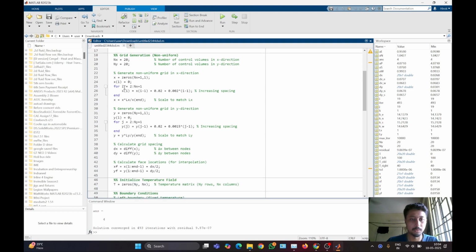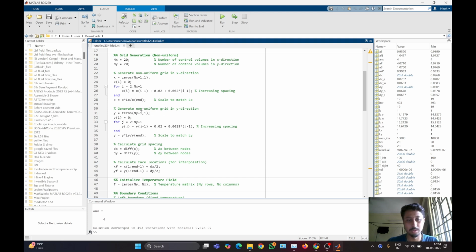We are using a for loop for this difference in the spacing, which is x of I for that particular element, where we add a 0.002 increment, plus 0.002 multiplied by I minus 1. This is the way we are increasing the spacing of our grid points.